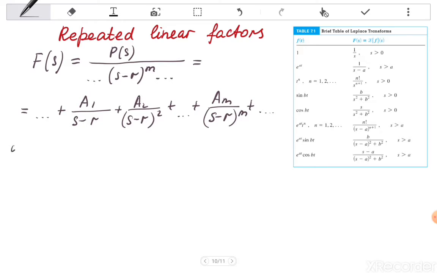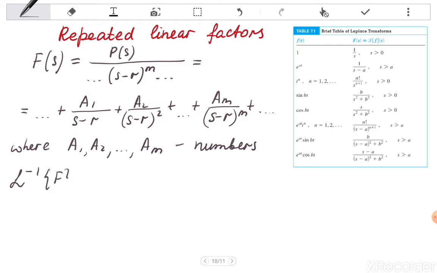The numbers a1, a2 and so on up to am are the numbers that you have to find in this expansion. After you find this expansion, we can find the inverse Laplace transform of this function F at a point t. First of all, we can use this formula and this formula. For the first fraction, a1 over (s minus r), the inverse is e to the power at.